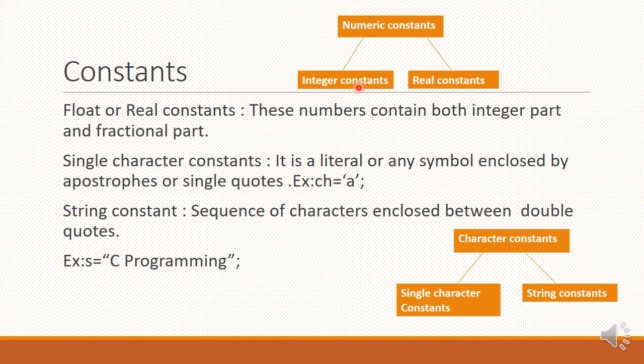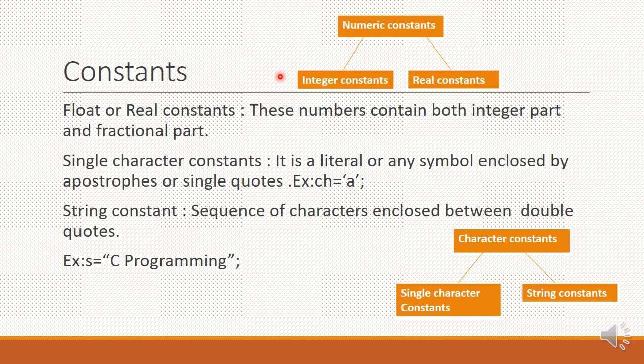Another name for real constants is float. Whenever we use real numbers in the program, we take them as float. Float is used for real constants, and int is used for integers.